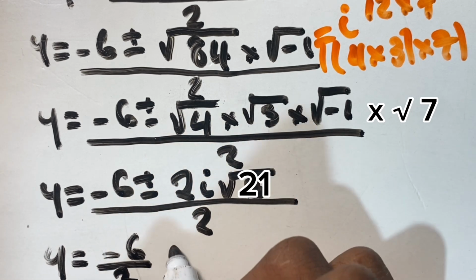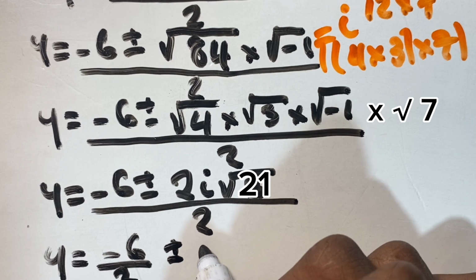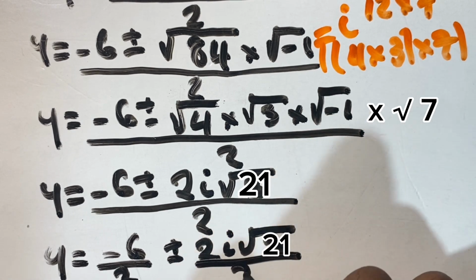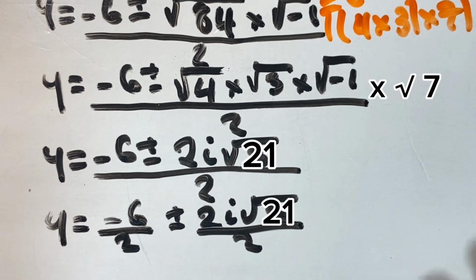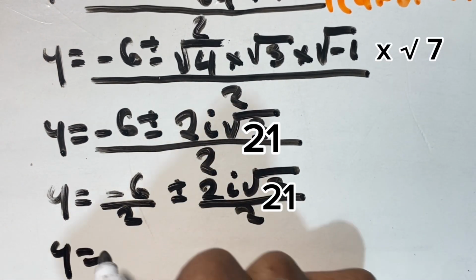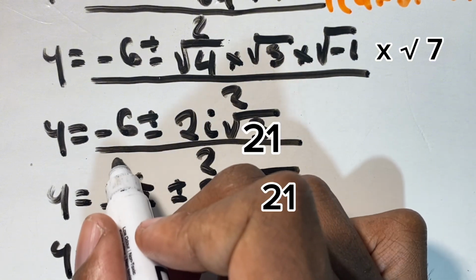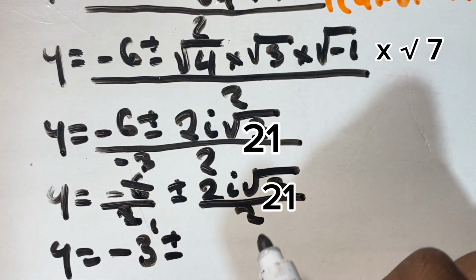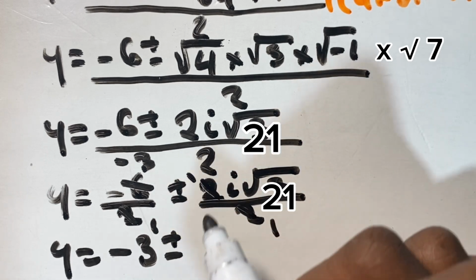So we could rewrite that as y is equal to negative 6 over 2 plus or minus 2 times i times the square root of 21 all over 2. So we could simplify that: 2 into negative 6 gives us negative 3. So that's negative 3 plus or minus 2 into 2, which gives us 1.